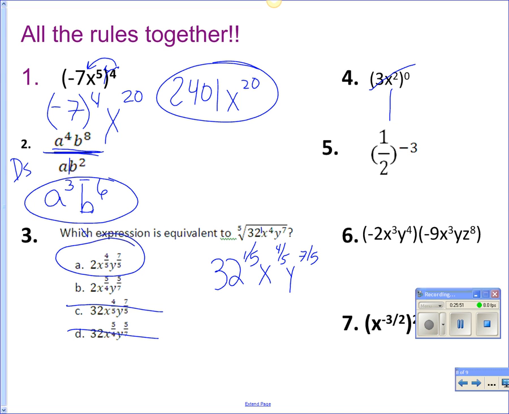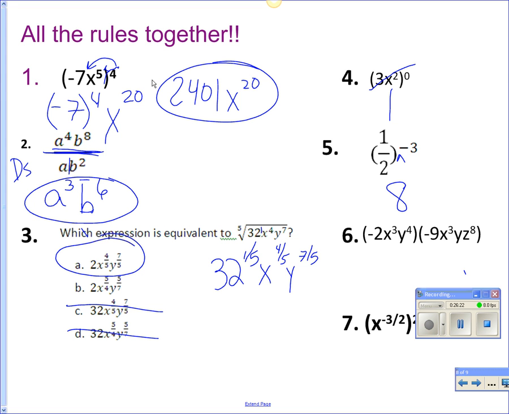Big. -3 is a little number. Are there any X's, Y's, A's, or B's? No, just type it in your calculator, but you're going to have to use the caret key because you've got a big number and a little number. Okay. Madison, what are you getting for that one? 8. Very good. You're getting 8.